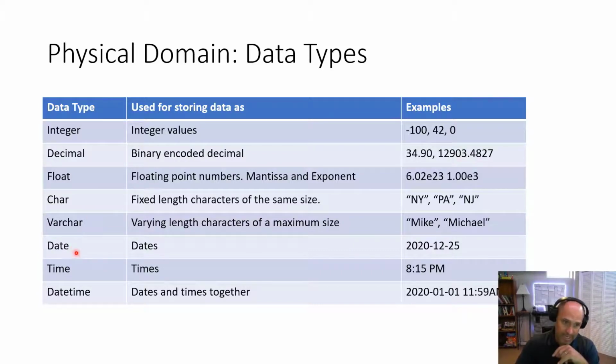You also have a date type, a time type, and a datetime type. Makes sense. You've got one just for dates, just for times, and for dates and times. These are physical domain, right? So, for instance, if you're going to store an employee's date of hire, you might store that as a date, right?